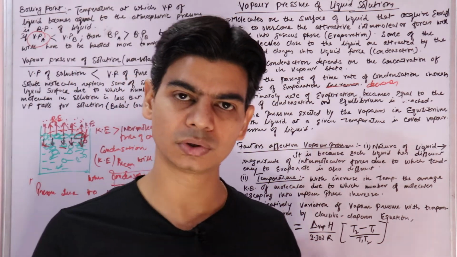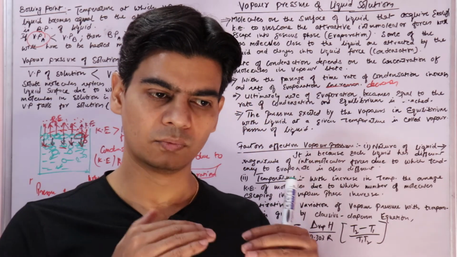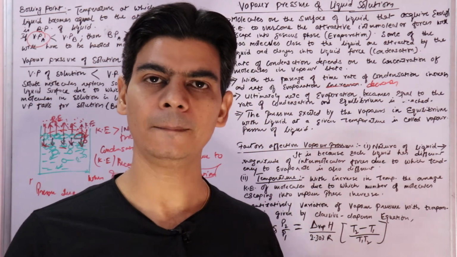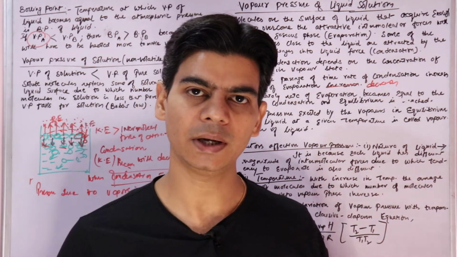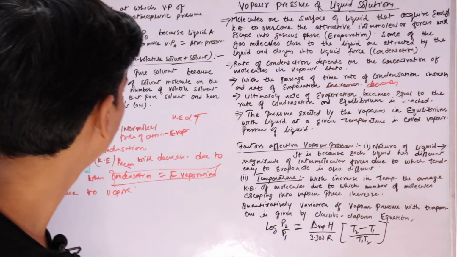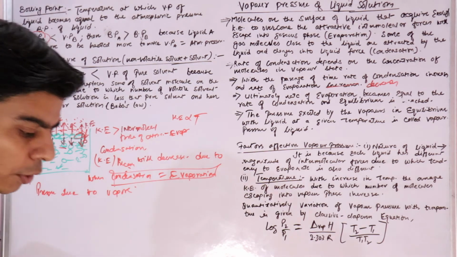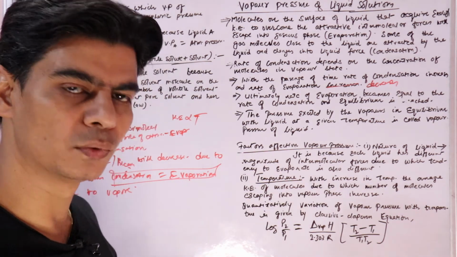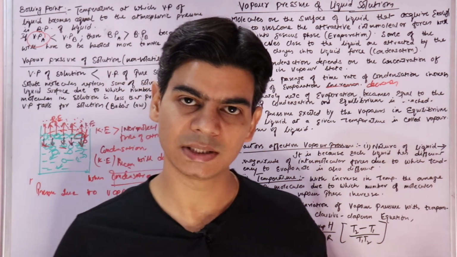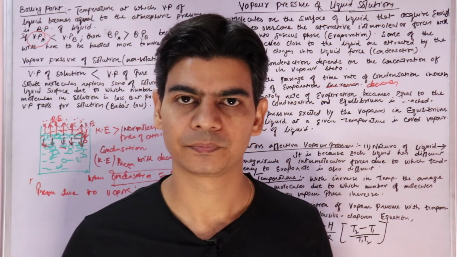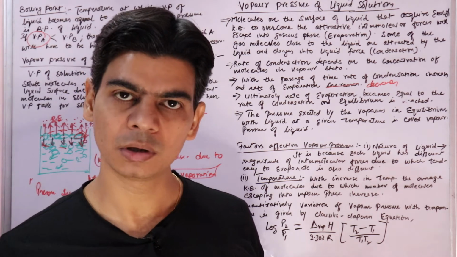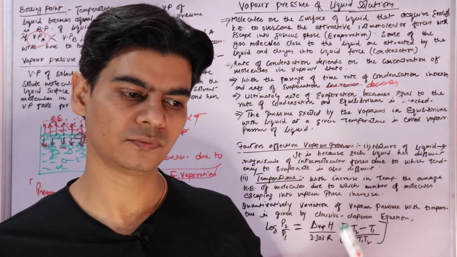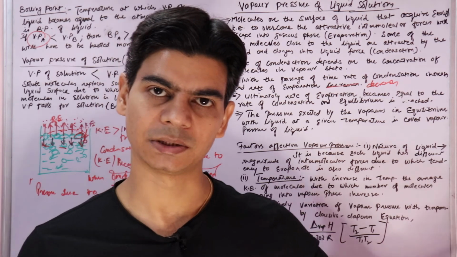That is, those liquids would need to be heated to a higher temperature so that the vapor pressure becomes equal to the atmospheric pressure, right? So the boiling point of those liquids whose vapor pressure is low is higher, because we have to heat them more so that the vapor pressure becomes equal to the atmospheric pressure, right?